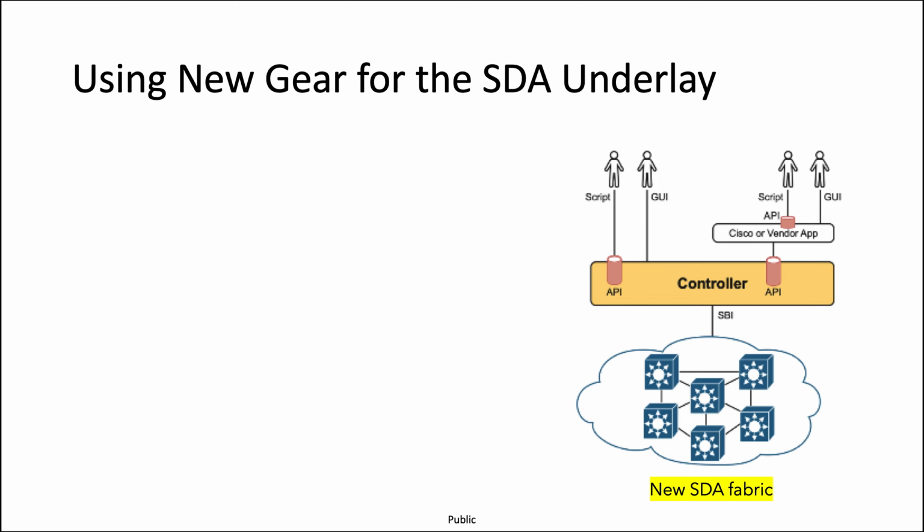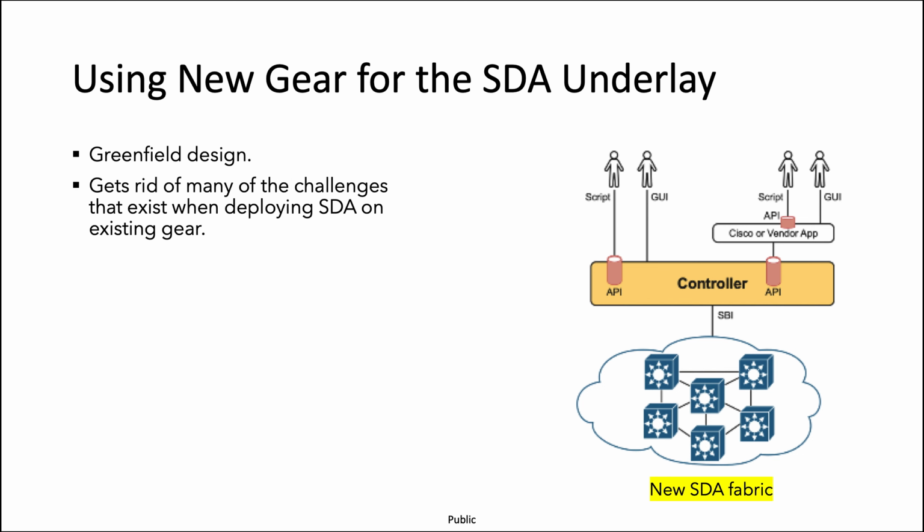So let's go ahead and look at another method by using new gear for the SDA underlay. With new hardware for the SDA fabric, that is a greenfield design. It gets rid of many of the challenges that exist when deploying SDA on existing gear. You can simply order new compatible hardware and software.